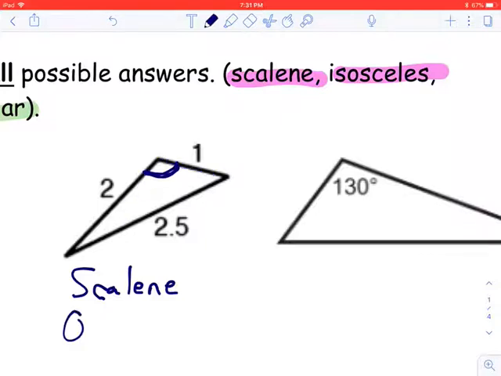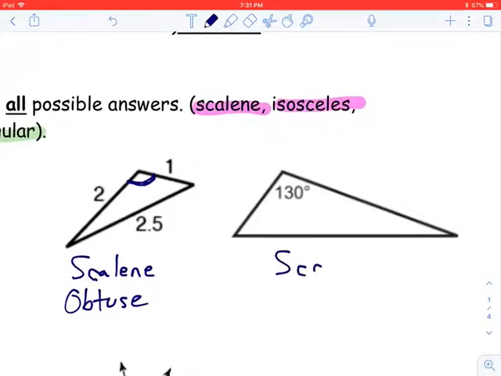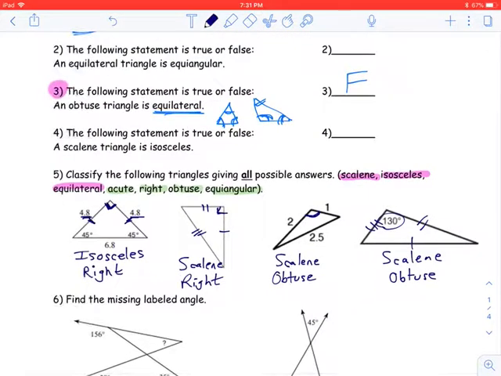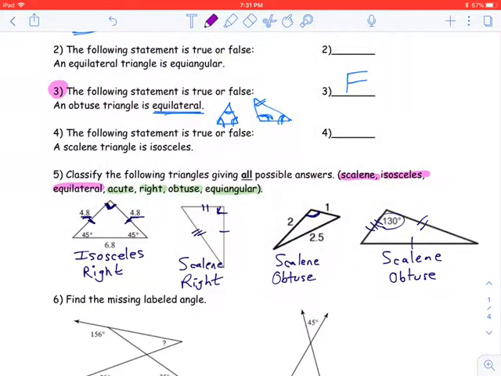So that's an obtuse angle, which makes it an obtuse triangle. Same thing there. It's scalene because the sides are all different, and 130 degrees is an obtuse angle, so therefore that's an obtuse triangle. And that's how you classify each of those.